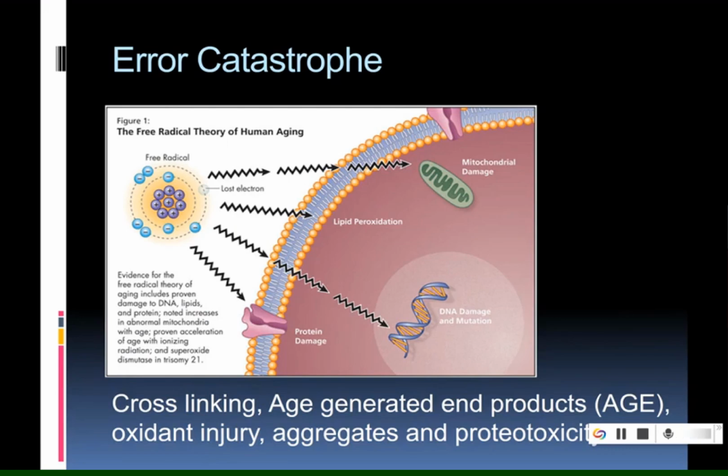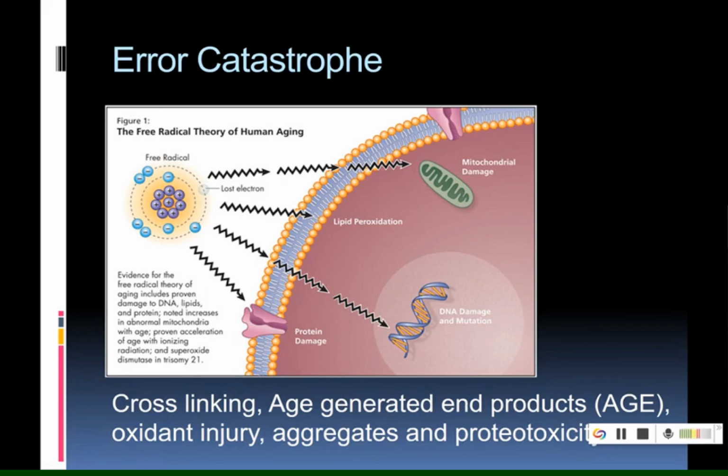Another important theory is called error catastrophe. This is where there are damages to protein that include cross-linkage. Diabetes, for example, is a good example of what are called advanced glycation end products, or, another name for the person who discovered them, Amadori products.